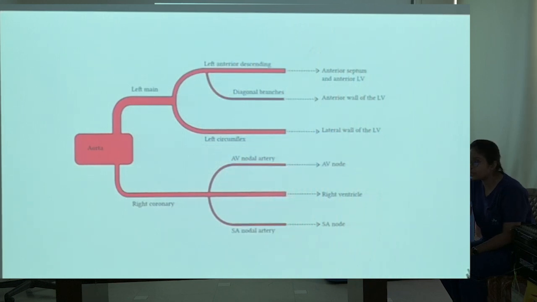Inferior wall is mostly supplied by the right coronary artery. What forms the inferior wall of the heart? Which chamber? The right. So the inferior wall is supplied by the right coronary, and the left circumflex supplies the posterior wall.